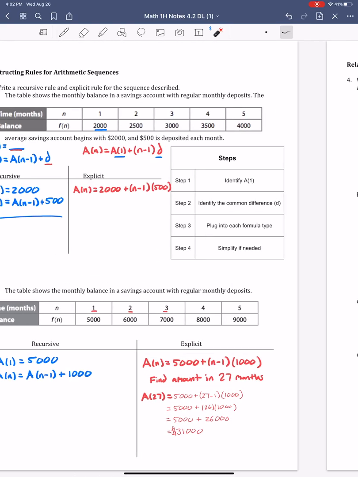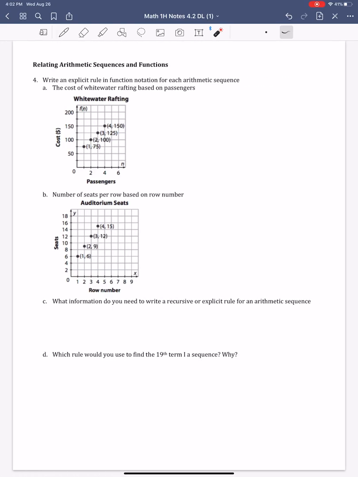All right, let's move to the last page here. It says write an explicit rule, so just the explicit rule in function notation for an arithmetic sequence. All right, so remember the explicit rule looks like this: a_n equals a1 plus n minus 1 times d.